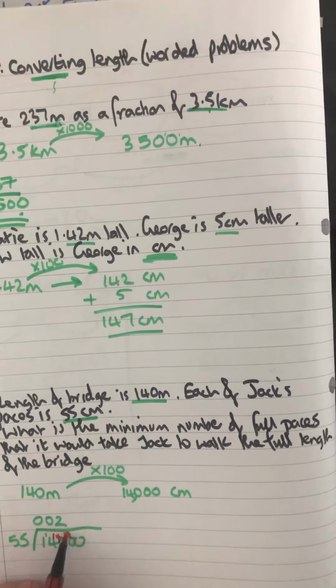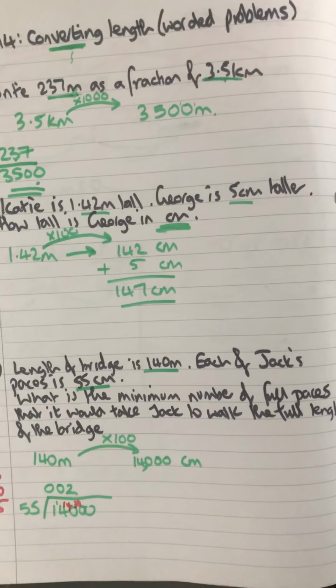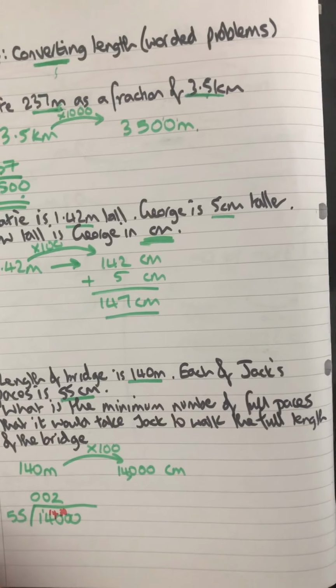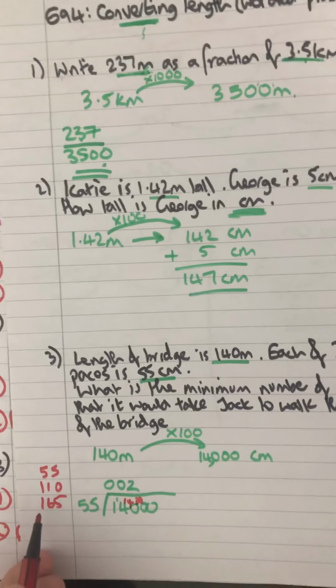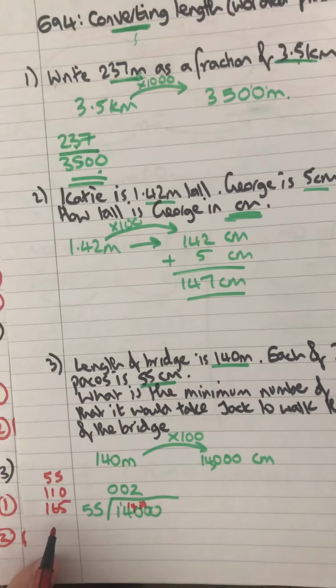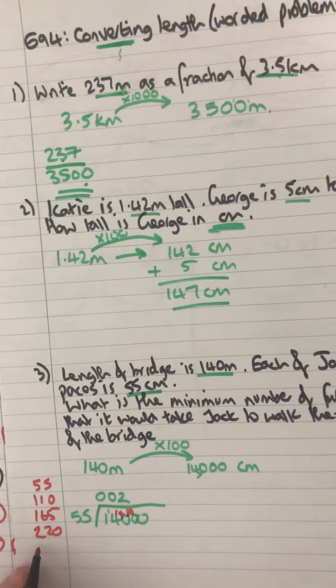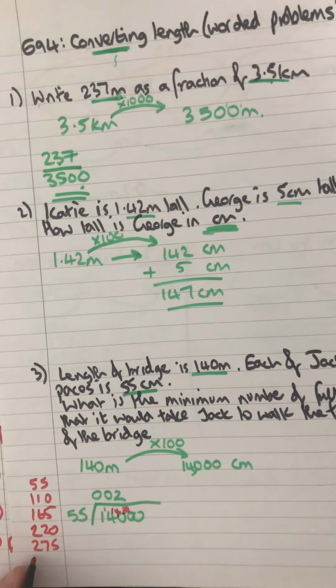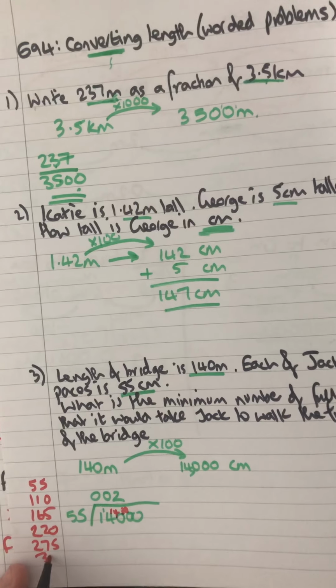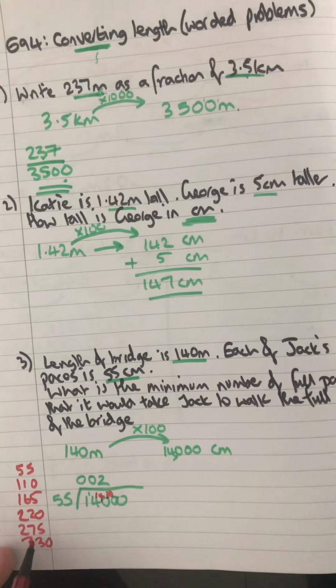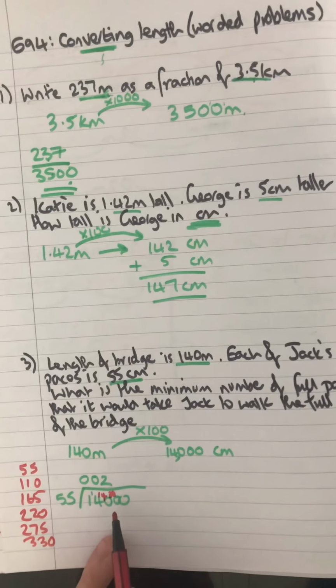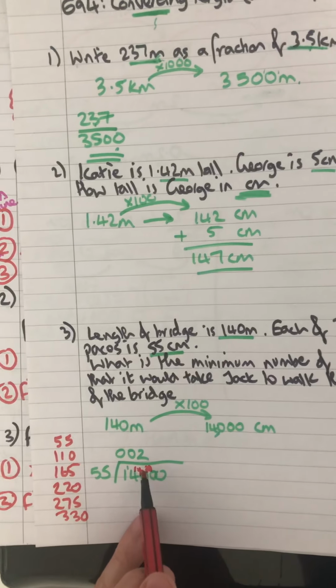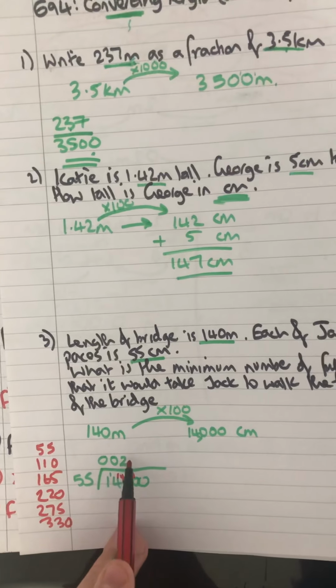So 30. So I'm going to have to make this go up to 300. So the next one after 165 would be 220, then 275, and then 330. So how many goes into 300? 1, 2, 3, 4, 5.